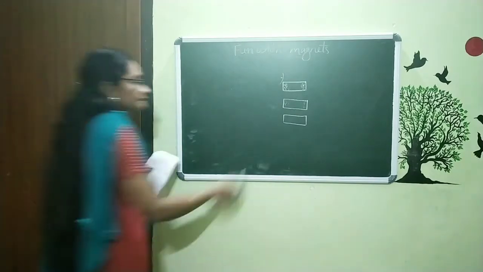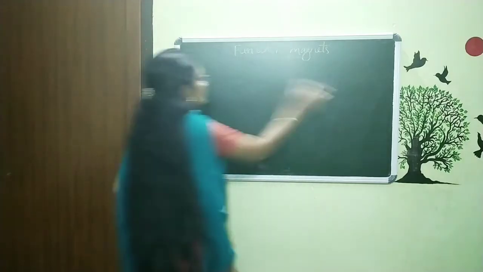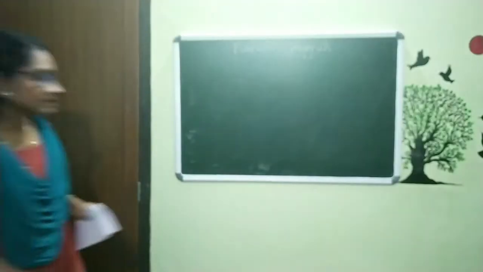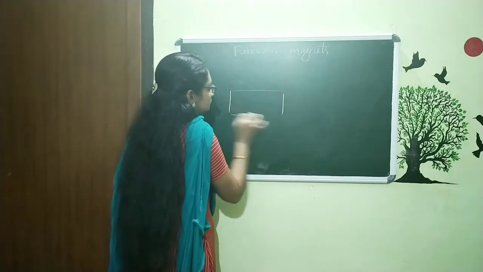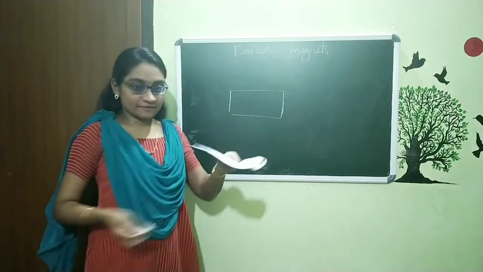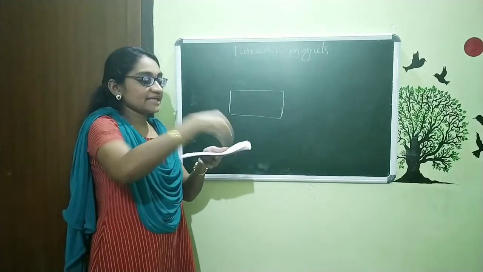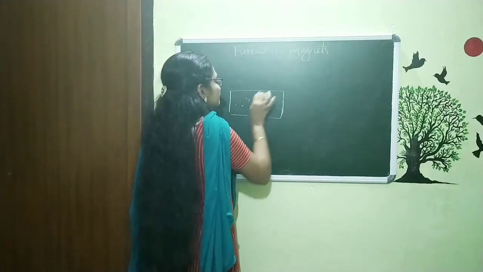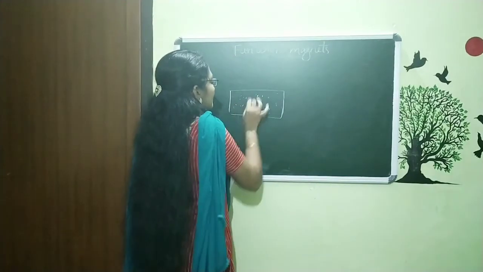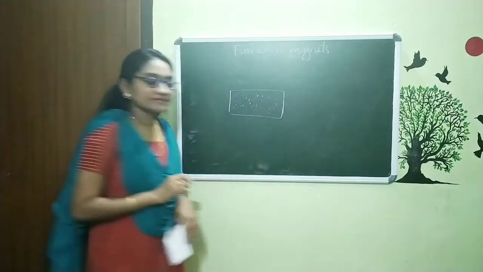For that, we are just taking a piece of paper and putting some iron filings on this paper, just spreading them on the paper.